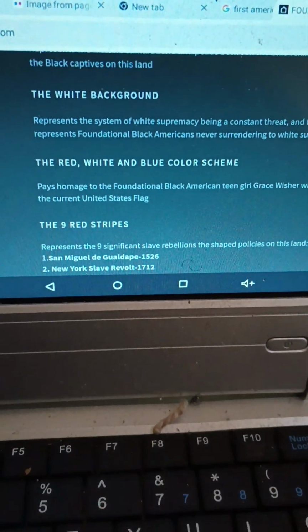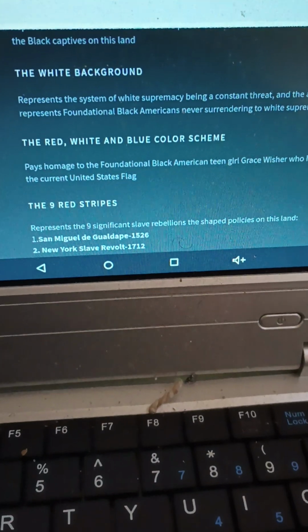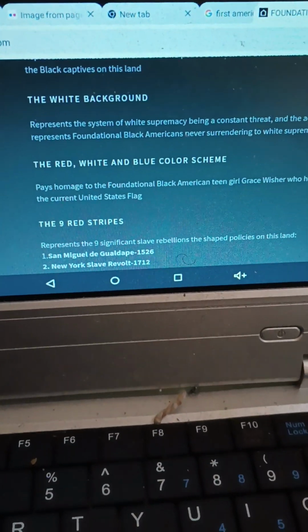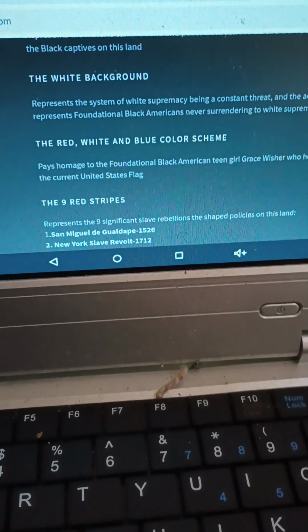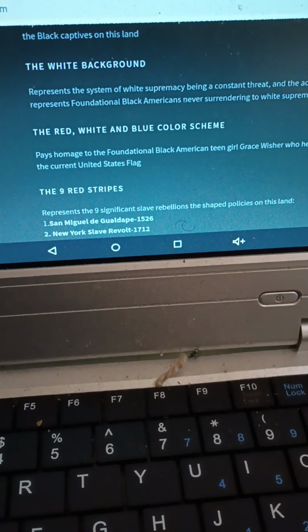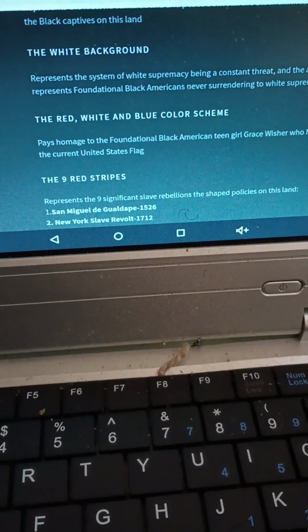Continuing, the flag that Grace Wisher worked on, she actually was apprenticed as a seamstress. That flag was simply the flag that existed in 1812 and had the number of states then in existence.